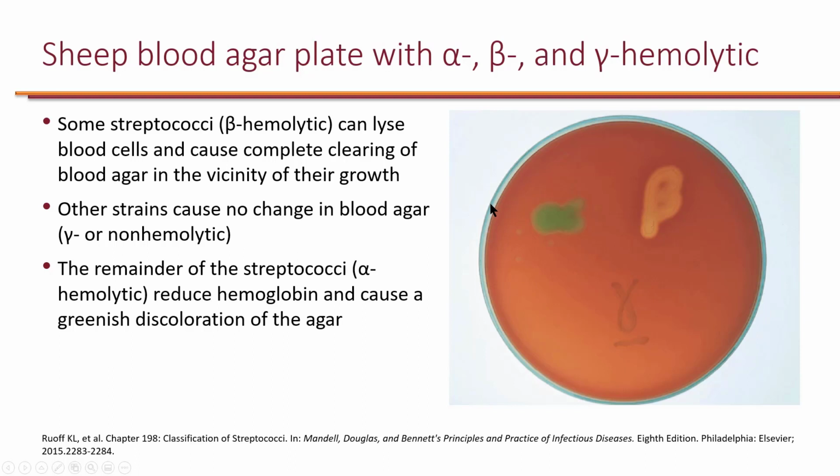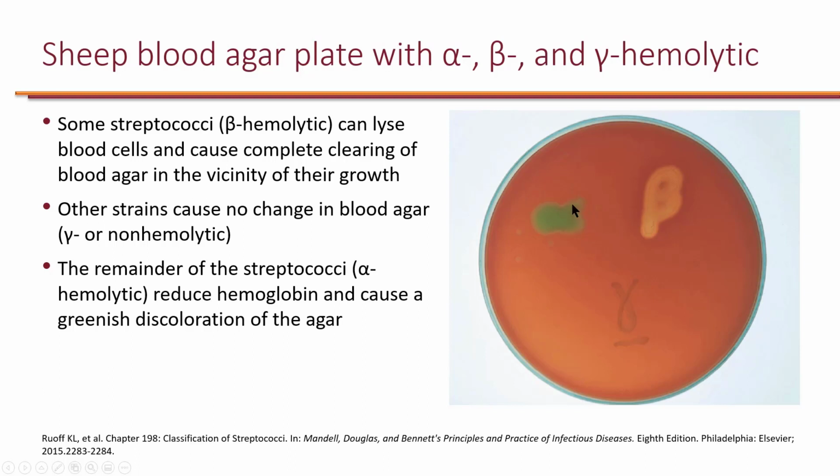So what we do is that we use sheep blood, and we basically let these organisms grow and see what they do to the blood cells. So the beta hemolytic group, which you can see in this picture, essentially they lyse blood cells, so they will break it down and it will basically clear the blood, and that's called beta hemolytic strep.